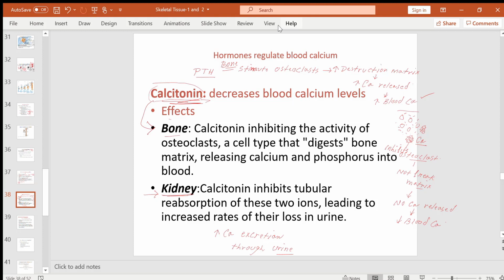On the kidneys, same, just opposite, it will stop excretion of calcium through the urine. So calcium will not be able to get out from the body, the concentration will gradually go up. So parathyroid hormone just works in an opposite way on the bones and kidneys.